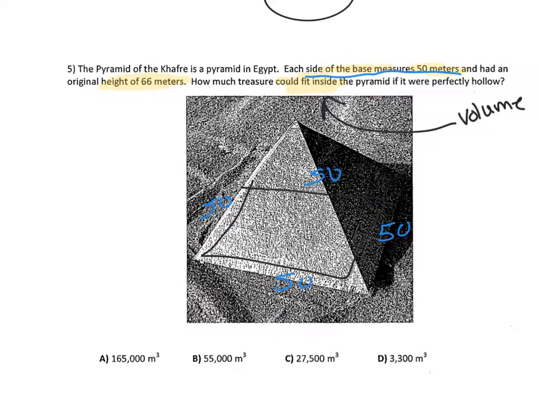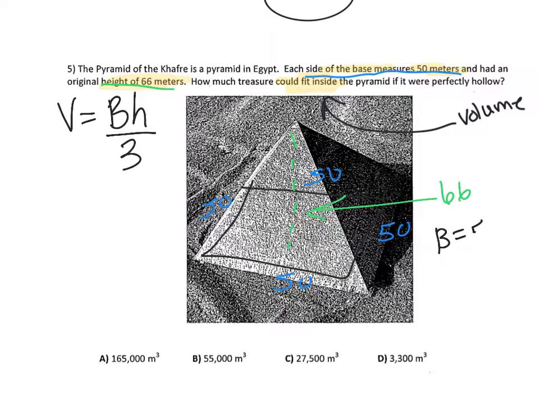Just like on that last one, your volume is the area of the base times the height of the pyramid divided by 3. Our height was 66. To find the area of the base, 50 times 50 is 2,500.